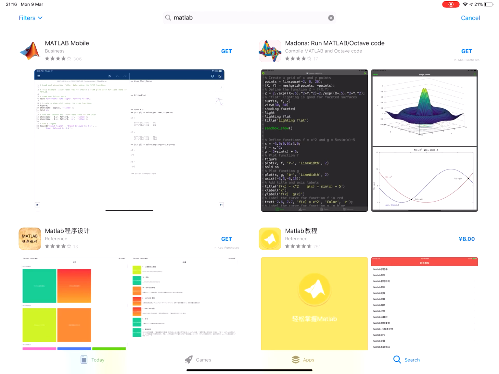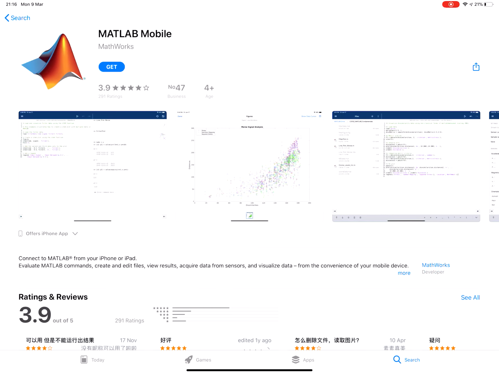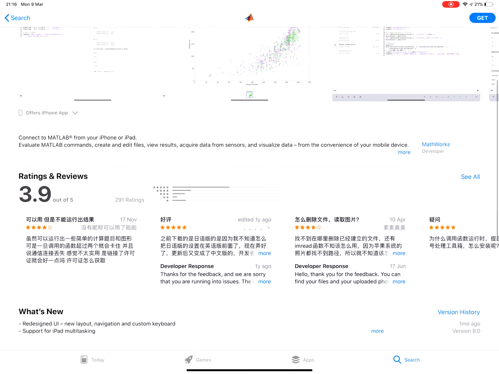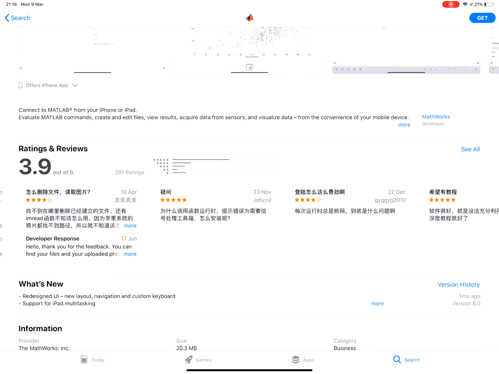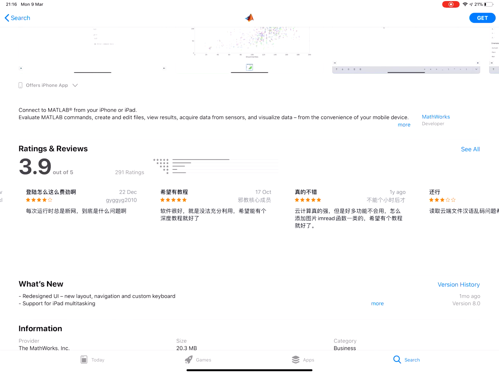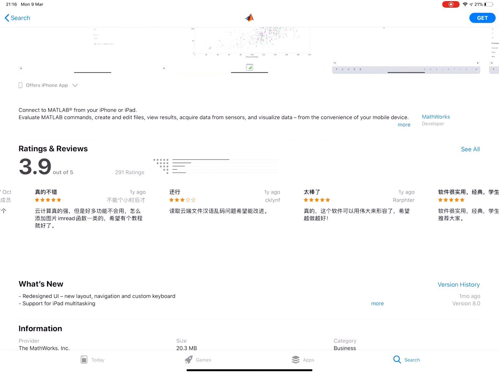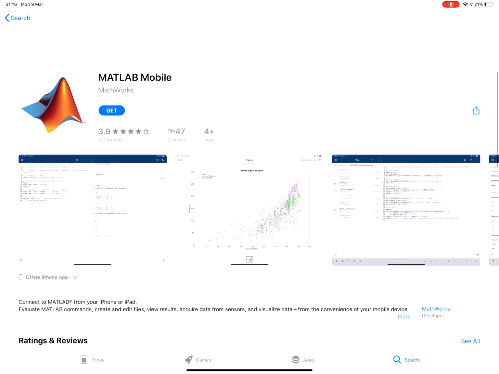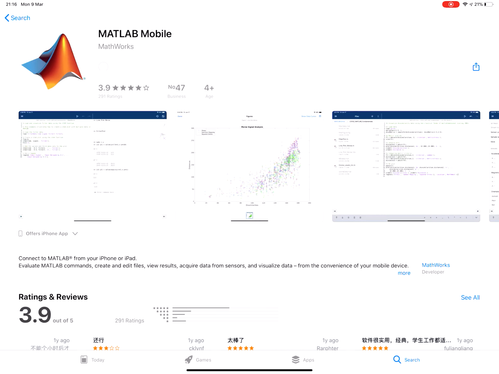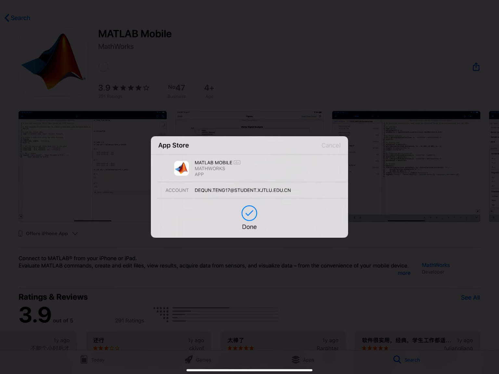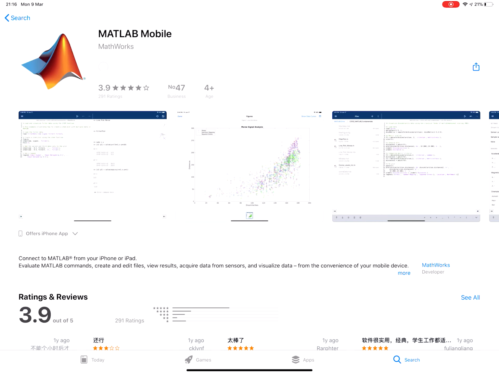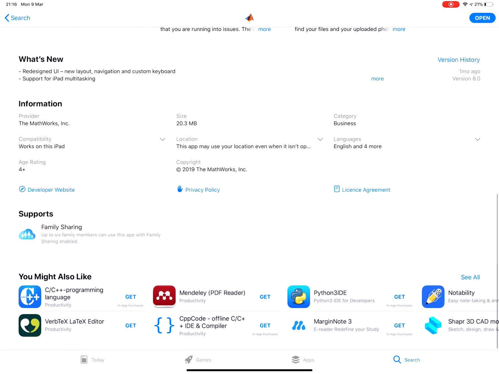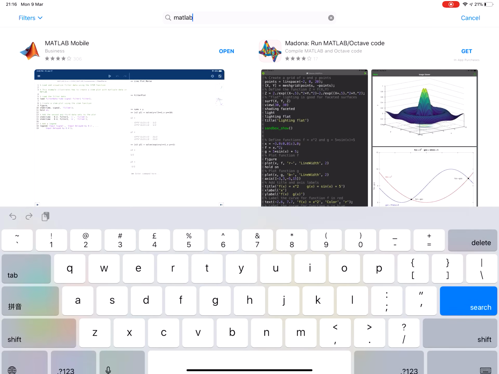I want Mathematica. Just try. Okay, I think it may not work that well, but I think maybe it is good. Let's look at Mathematica.